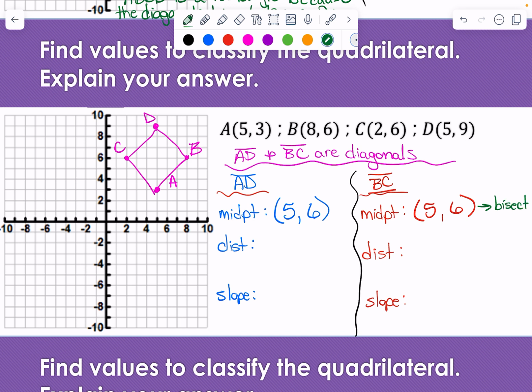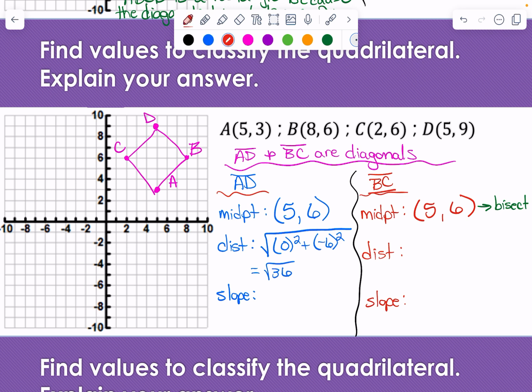Okay, the second thing I do is the distance now. So now I'm going to do my x's. A to D, remember we subtract those. So 5 minus 5 is 0 squared plus 3 minus 9 is -6 squared. So that would be the square root of 36.